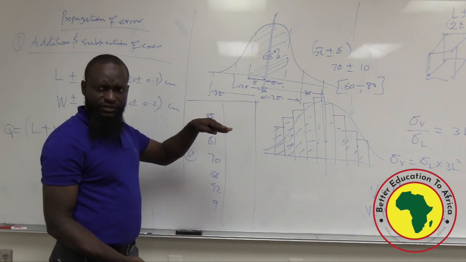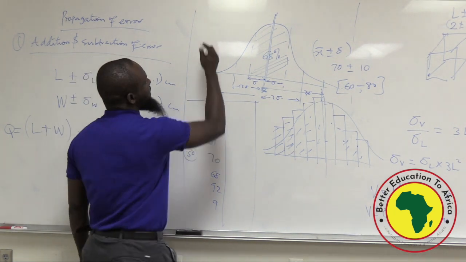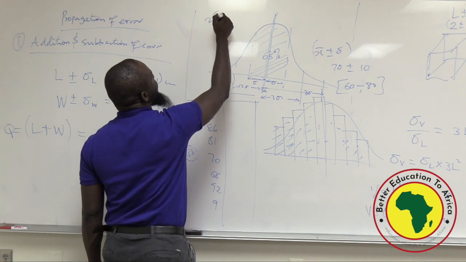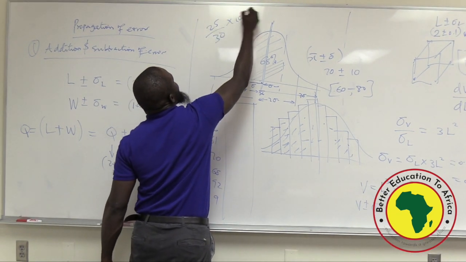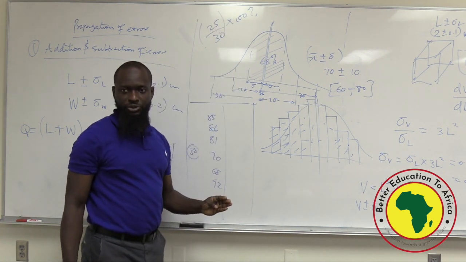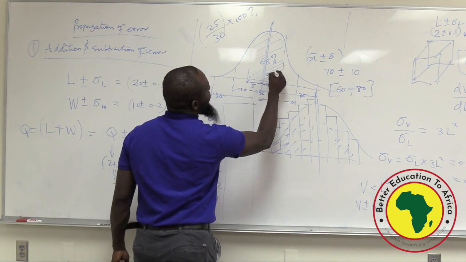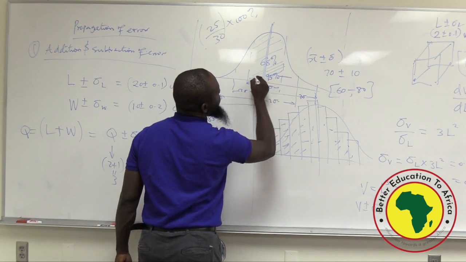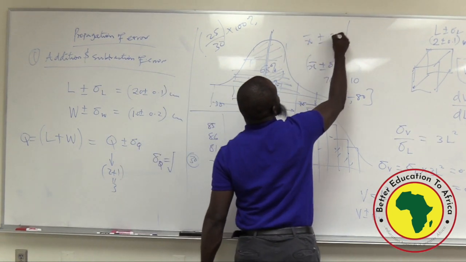If you calculate, maybe out of the 30, you see that 25 out of the 30 fall within that range. So 25 over 30 times 100 will give you that percentage. You see it's already more than 68%, so it means it's going to be a normal distribution. Then also check if 95% fall within 2 standard deviations, so x bar plus minus 2 sigma.